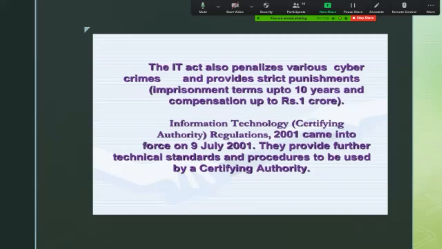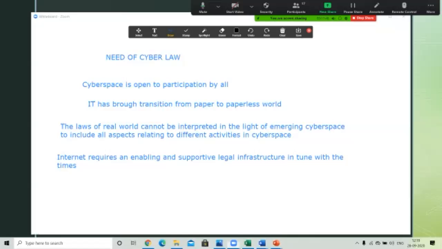There is an authority, government officials, who certify the different technical standards and procedures that are used. So I'm sharing my screen again. Are all of you able to view my whiteboard? Yes, ma'am. Okay.